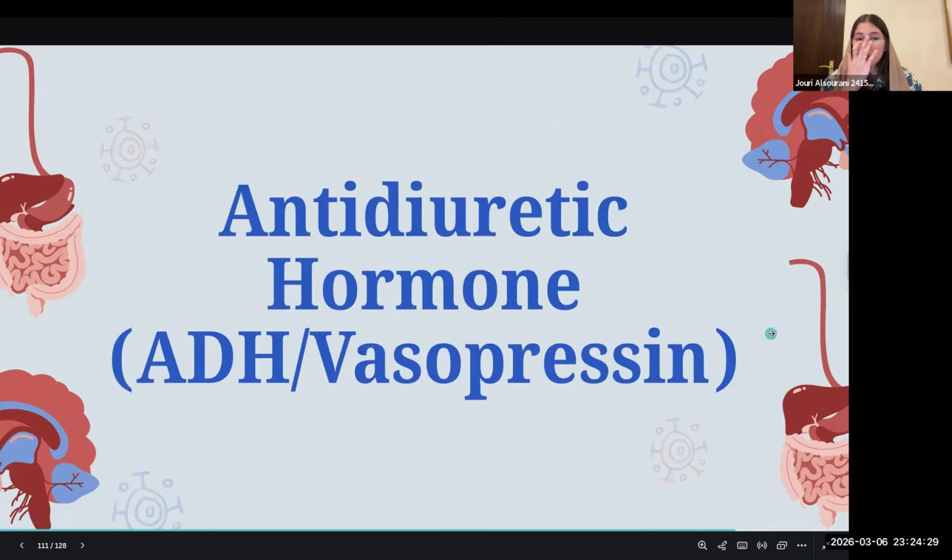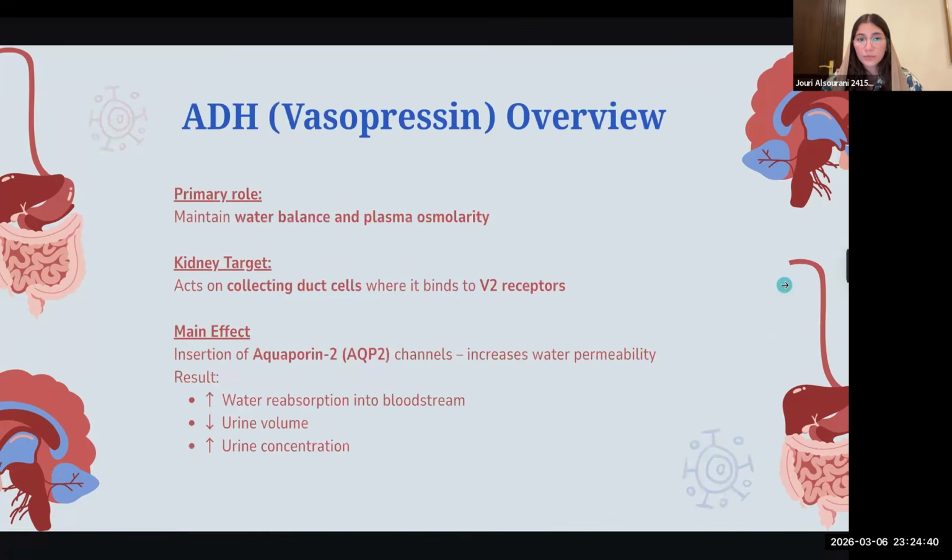That's it. All right, for the first of the two posterior hormones, we have antidiuretic hormone, which is ADH or vasopressin. The primary role, the main thing that ADH does, is that it maintains the balance of water and plasma osmolarity.